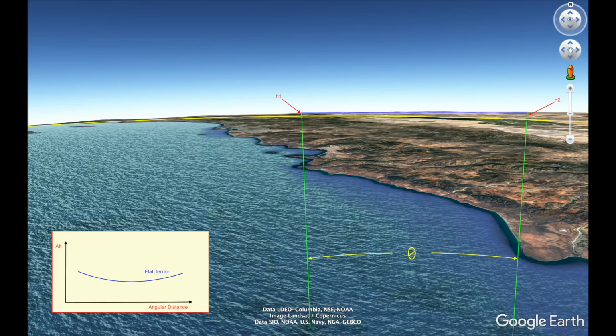Now, if we take that segment and we measure more altitudes across it and plot that on a graph as a function of angular distance, well, what do you know? That flat area plots as a curved line curving upwards. So we've really turned things upside down.